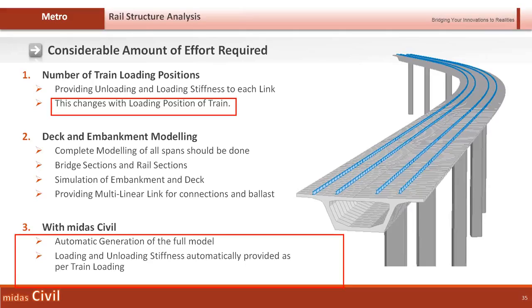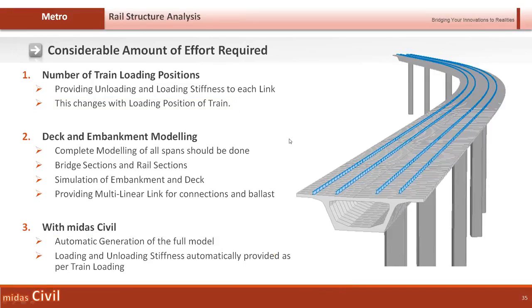You define some increments of distance for the train loading, and Midas Civil will automatically generate a number of models and give the loading and unloading stiffness as per the train loading. This reduces the task of 2 to 3 days to probably half a day.